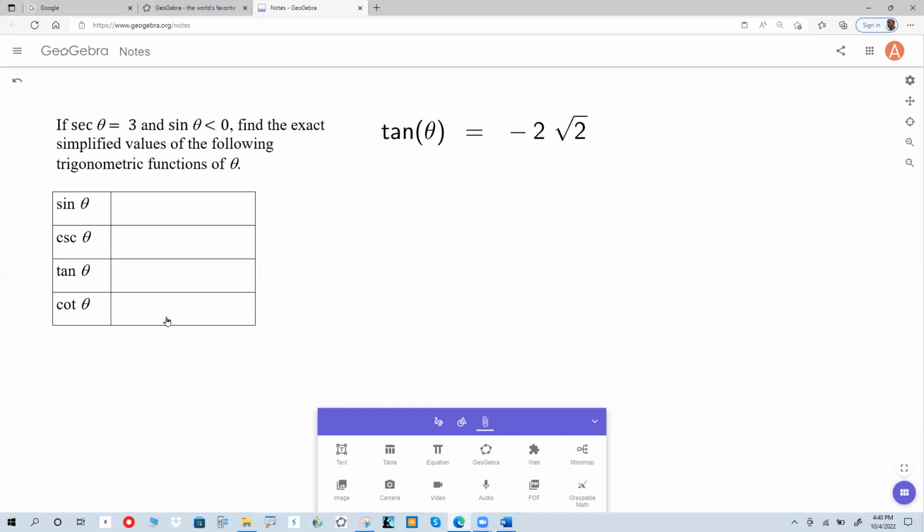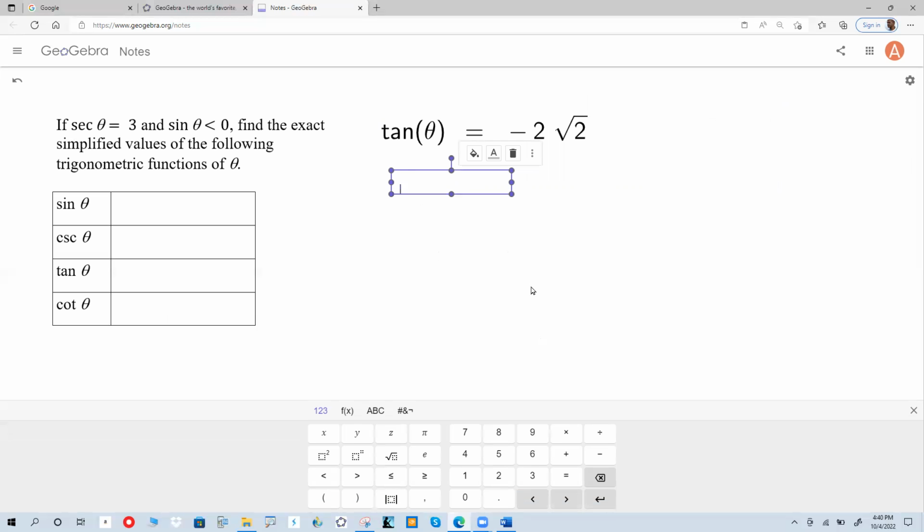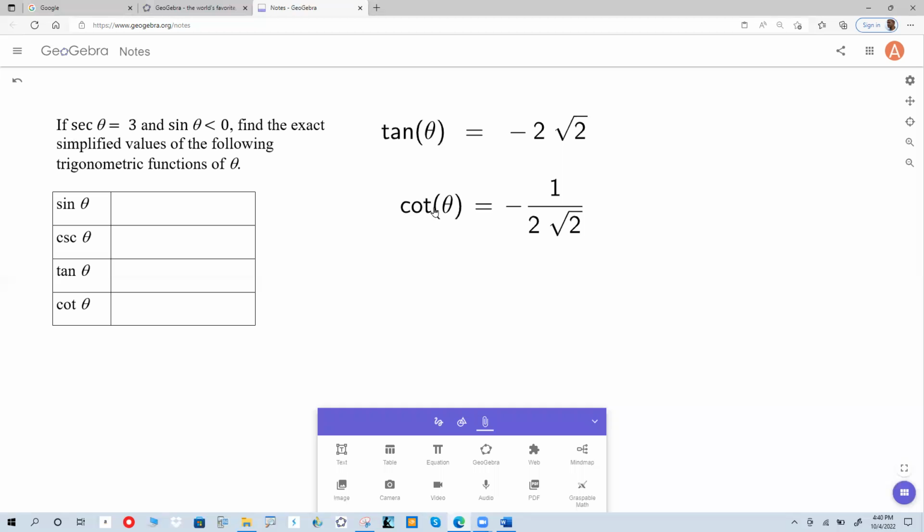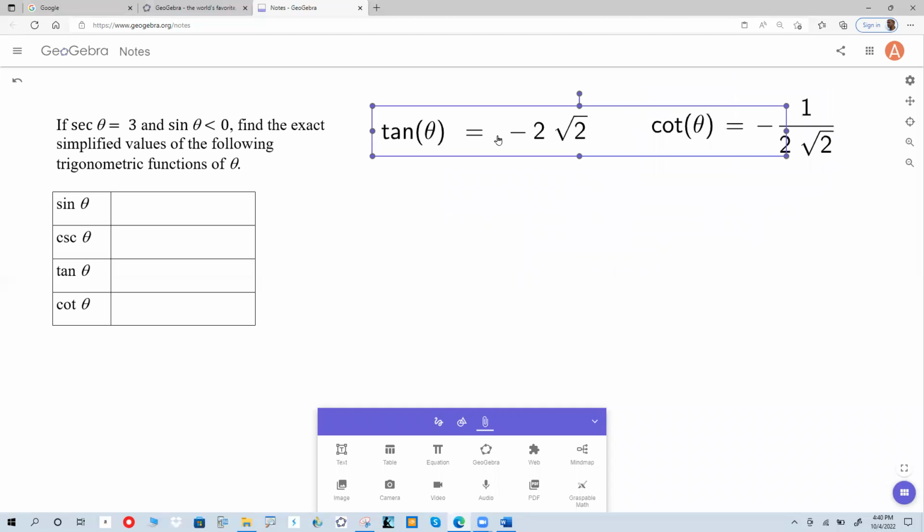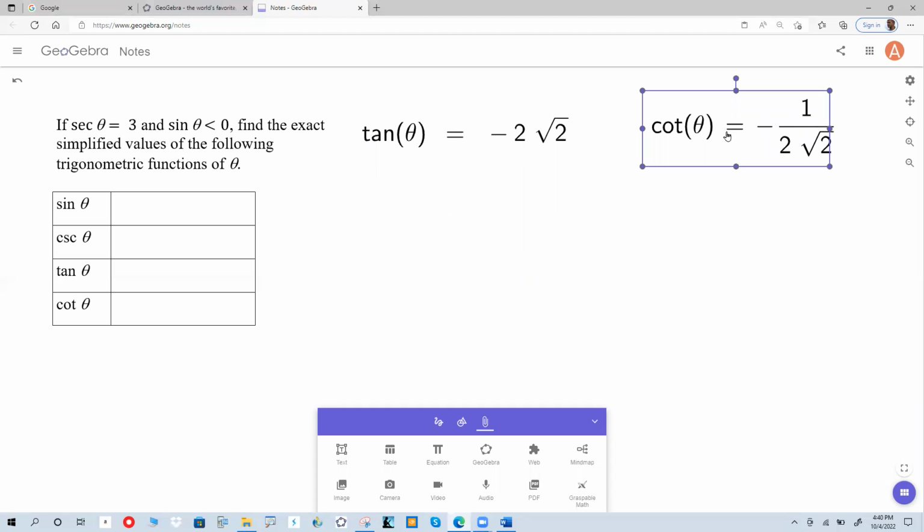Of course, I know cotangent theta right away. That's the inverse. So that I can write, and don't forget the negative sign. So now I have 2 of them, tangent and cotangent.